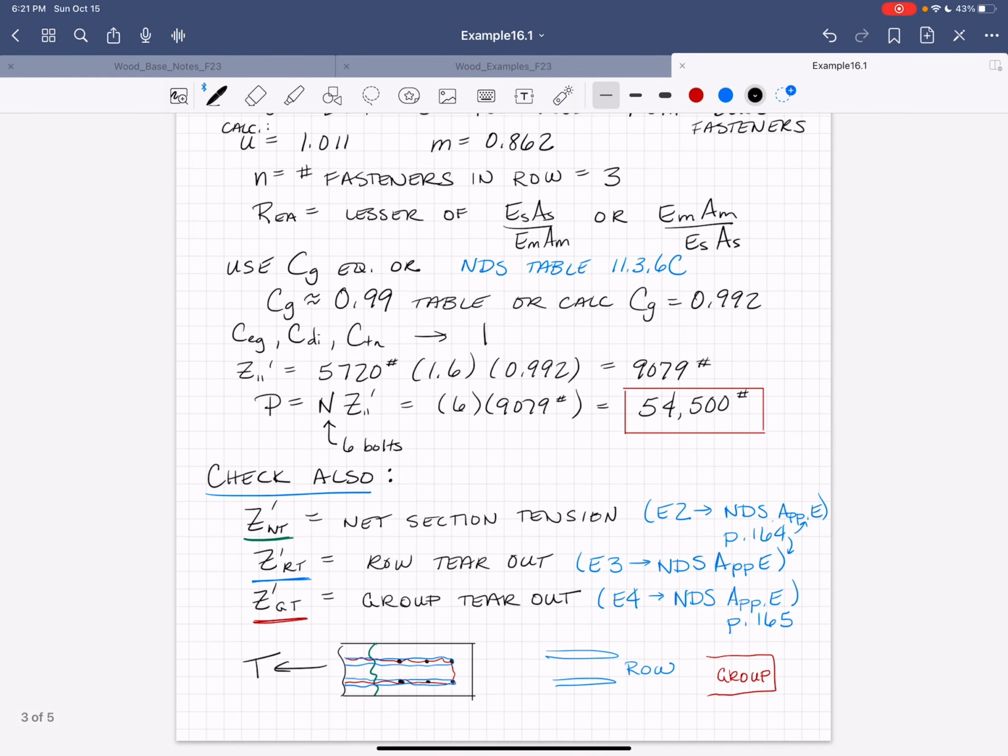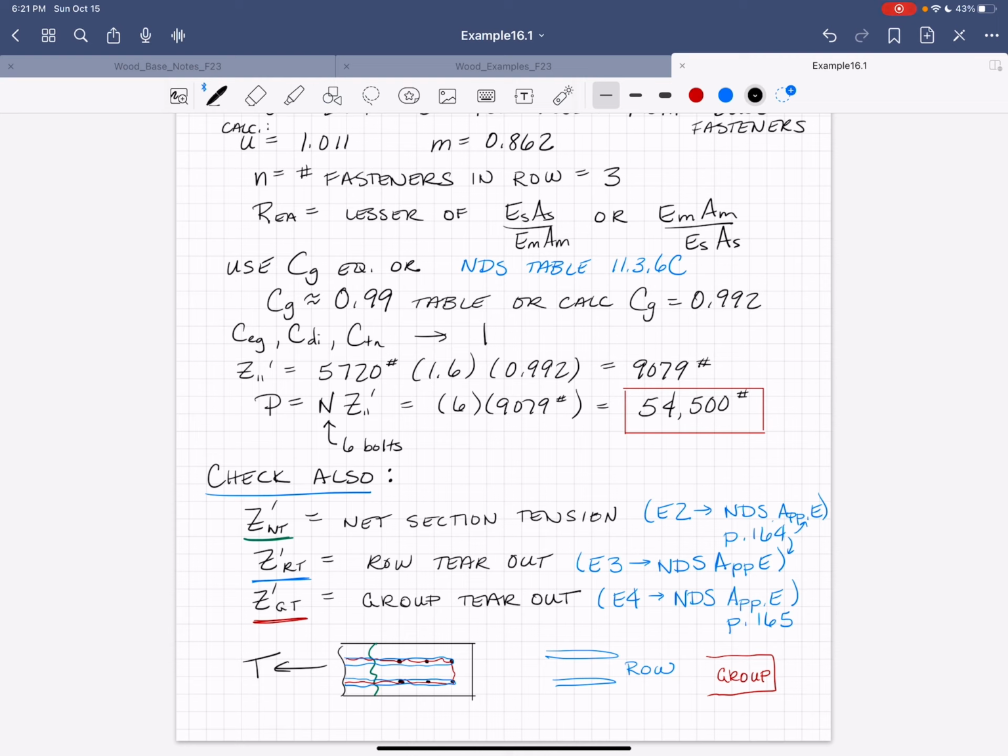Okay, so now I can use the CG equation, which was the large one that we looked at on the back page, or there's a shortcut and you can get darn close by just looking this up in NDS table 11.3.6C, and you get 0.992 if you do the calculation, or around 0.99 if you interpolate on the table. So whichever you prefer. If you're faster at just plugging into the calculator, that's fine too.